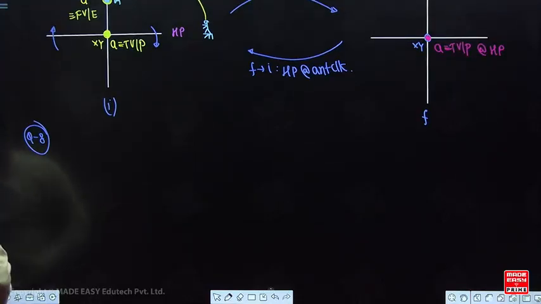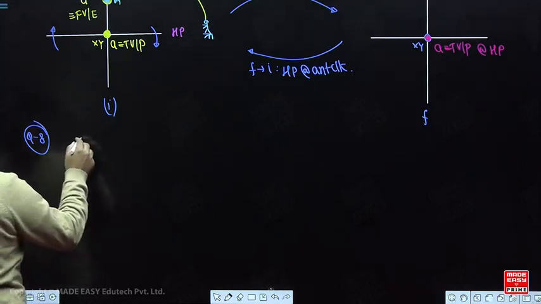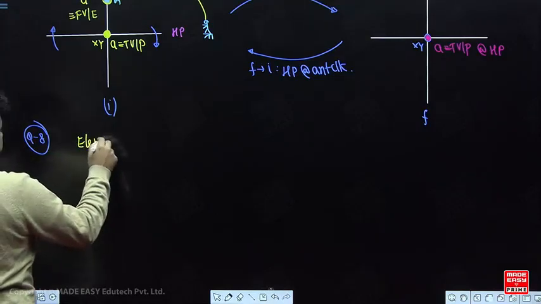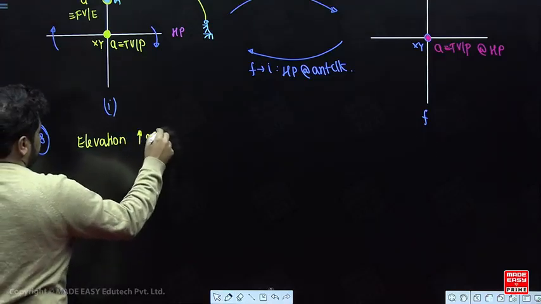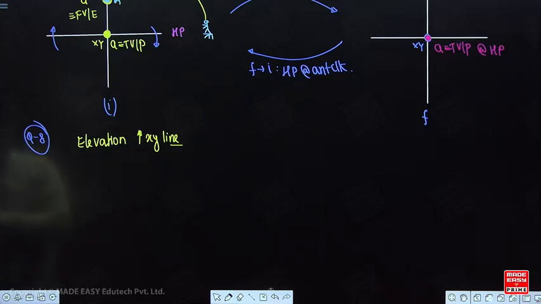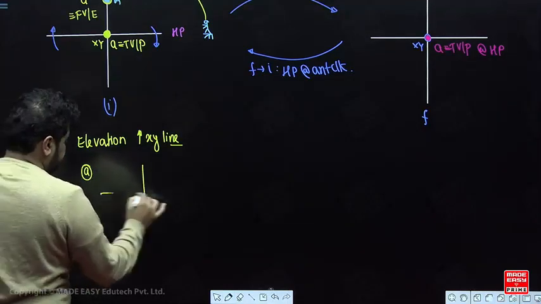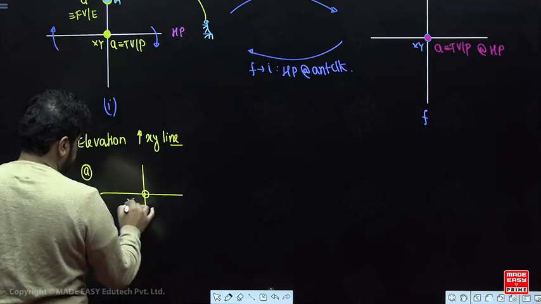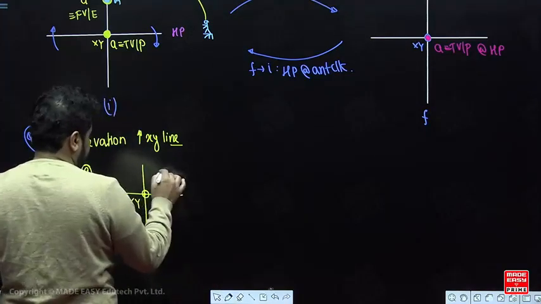A point whose elevation is above xy line may be situated in. So it is saying that the elevation is above xy line. So they are asking where the point can be, right? For this, let us evaluate one by one. If the point is in first quadrant, let us say it's somewhere here.